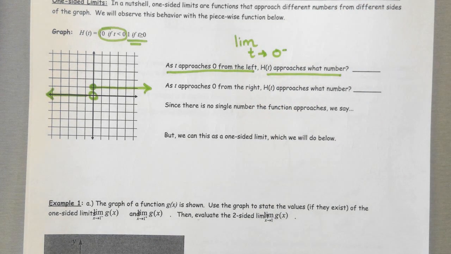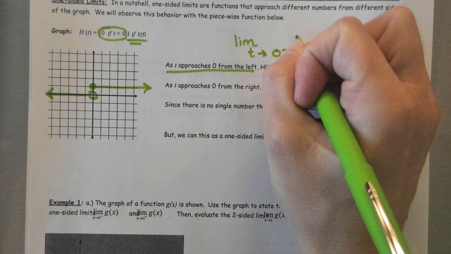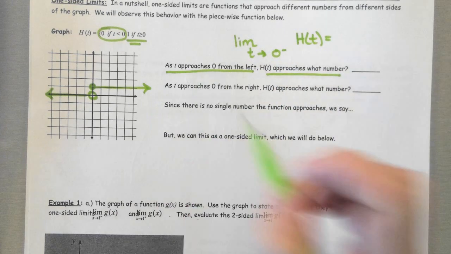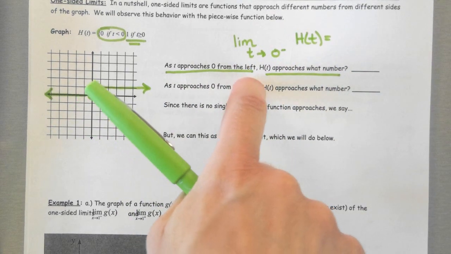Because do you agree the further I go left on my graph, I'm going to get into negative land? Right? Negative numbers. So this is how it's written. The limit as t approaches 0 from the negative side of h of t, and that's how this piece would be written in math notation.